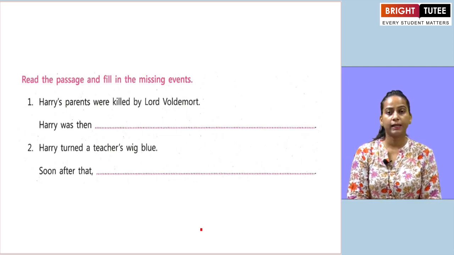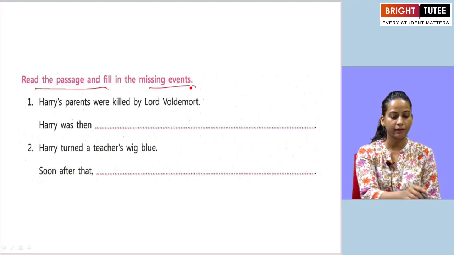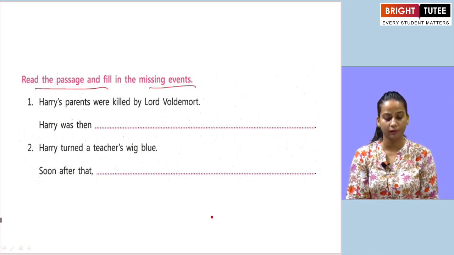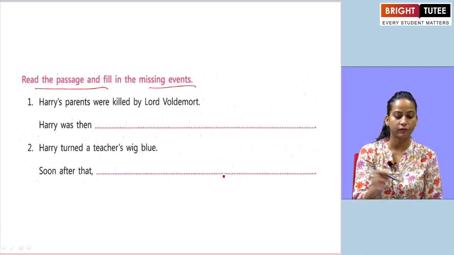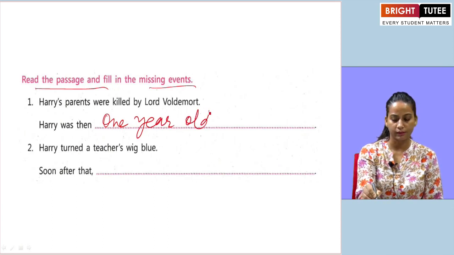Here they have asked, read the passage and fill the missing events. Harry's parents were killed by Lord Voldemort. So when they were killed, we have to mention the age of Harry then. Harry was then 1 year old. Clear?